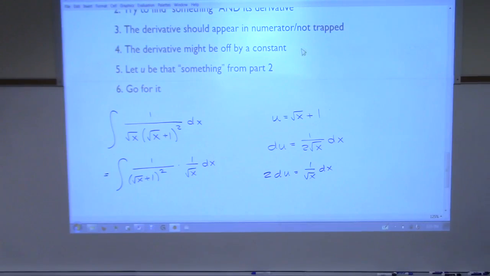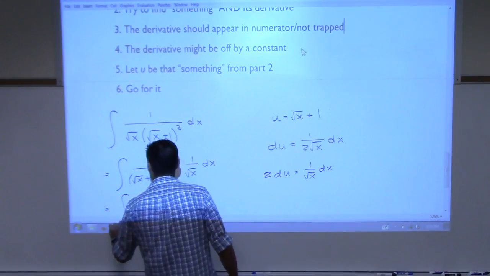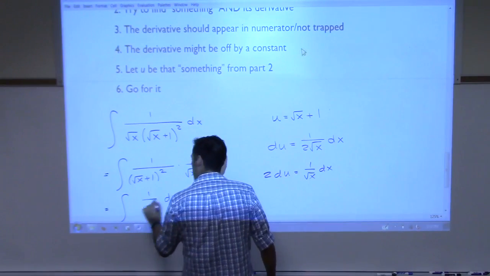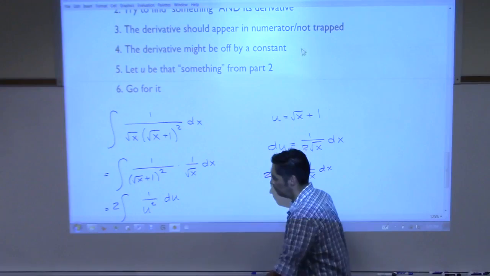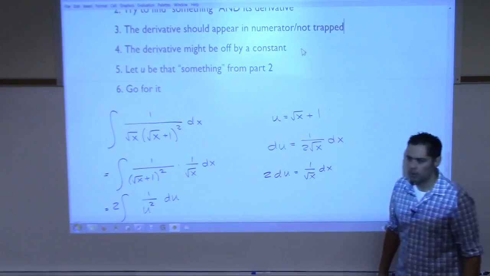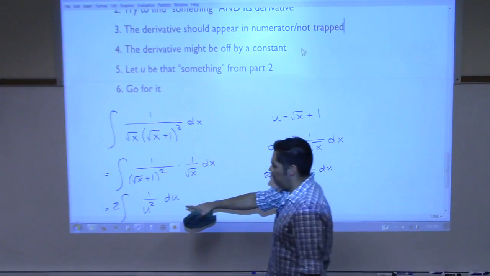And now I can rewrite it. At this point I'm going to rewrite this as 1 over u squared du, and the 2 out here. That's a 2. And how would you find the antiderivative of this?